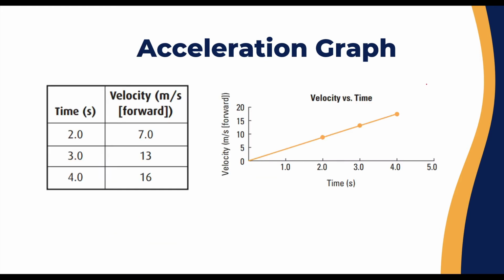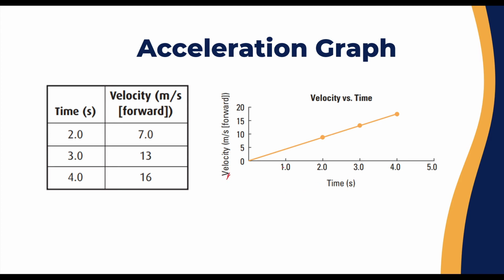In the same way we discussed velocity, acceleration can be represented in graphs as well. So we start with a table, we represent the table in a graph, and that would be the acceleration graph. The graph's x-axis would be represented by time, and the y-axis by velocity.